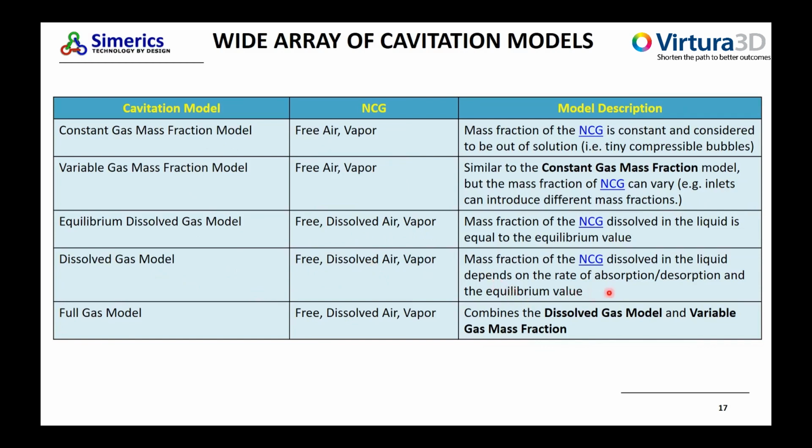And here we have absorption and desorption rates relative to the equilibrium value. So you can control how fast or how slow the dissolved and the free air go in and out of solution. And the full gas model is basically the full combination of everything. You'll essentially be doing the dissolved gas model, but combined with the variable gas mass fraction. So it's a more complete model.